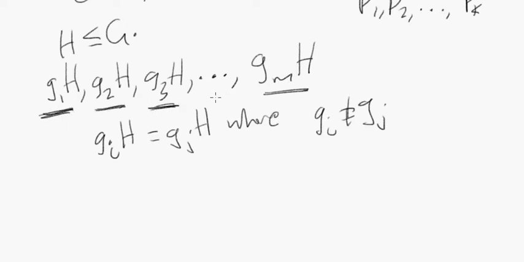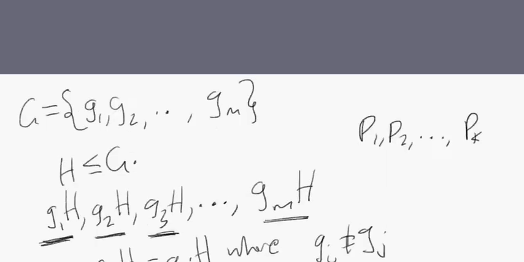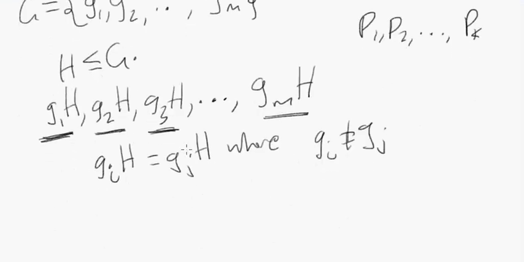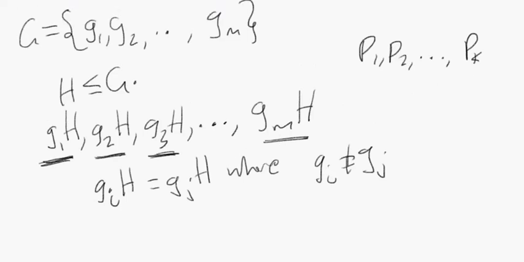We could have things that look like different cosets that are really the same coset, and we want to account for that somehow. So how do we proceed with this question? How do we establish these partitions?